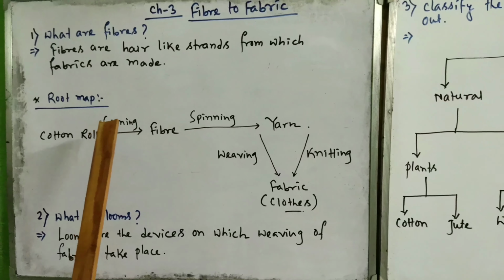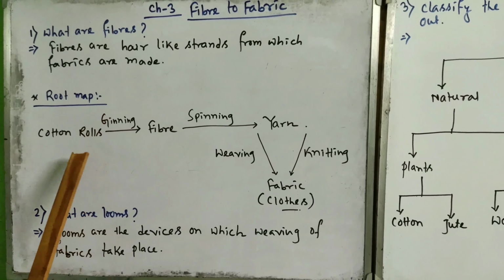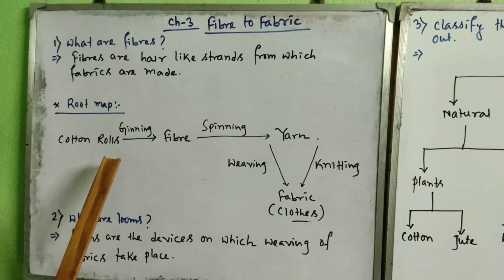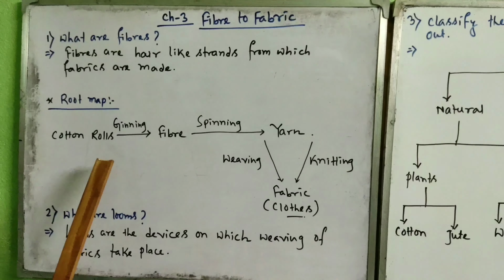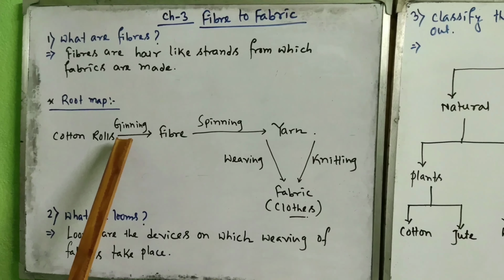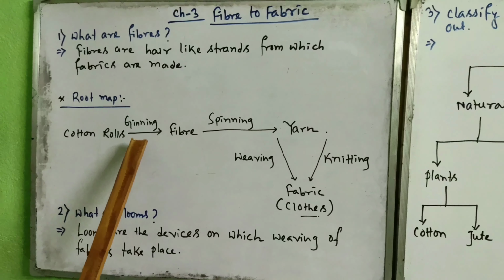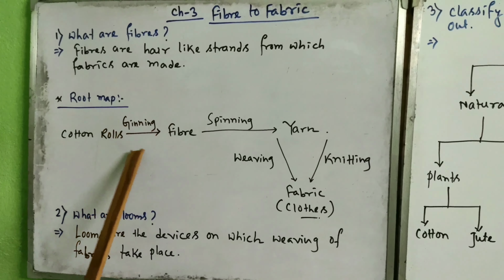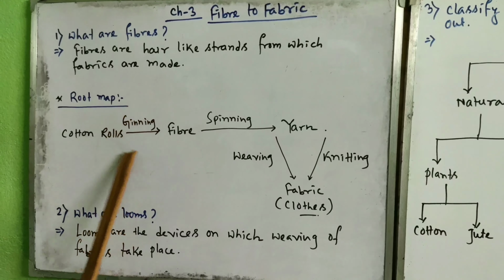What is called ginning? The process of separating cotton fiber from their seeds, manually or by using machines, is called ginning. As a question and answer you will also get this, but now I am saying it verbally so you will know better.